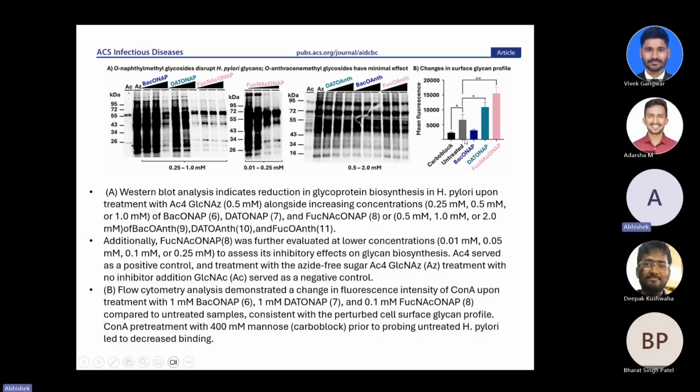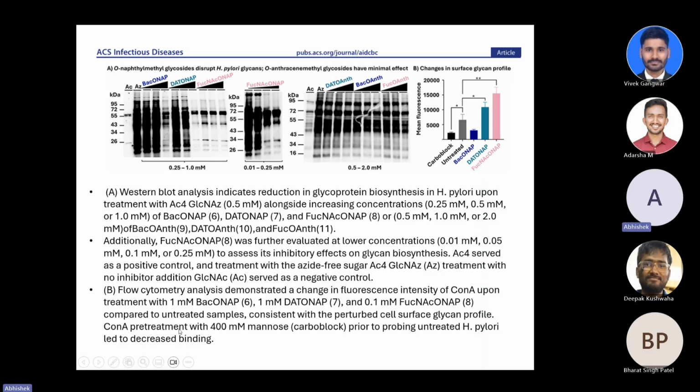And this right hand side, these are the changes in the surface glycan profile. This is a flow cytometry analysis demonstrated a change in the fluorescence intensity of Corne upon treatment with 1 millimolar bacterionaphthyl 6, this 1 millimolar datonaphthyl 7, and this 1 millimolar this FUC NAC O-Naphthyl 8, compared to the untreated sample, consistent with the perturbed cell surface glycan profile.